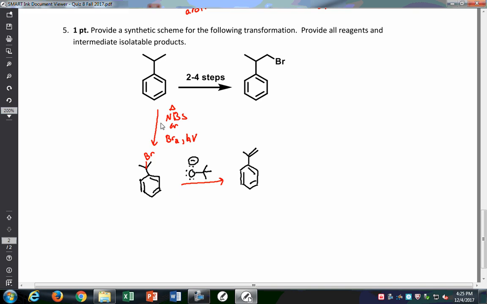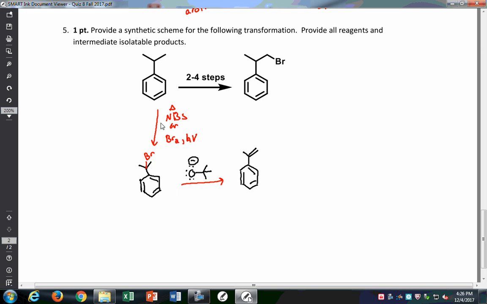Why? Why is ethoxide okay, but this tert-butoxide is better? Either position would be the most substituted. It doesn't matter. There's no other regioselectivity.